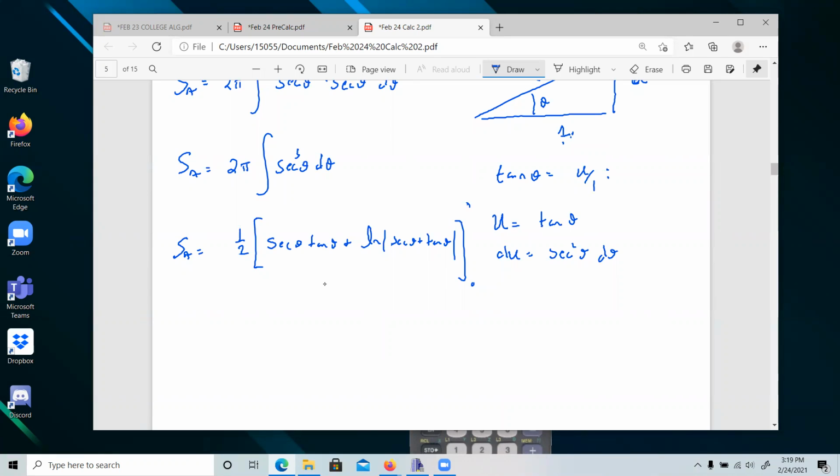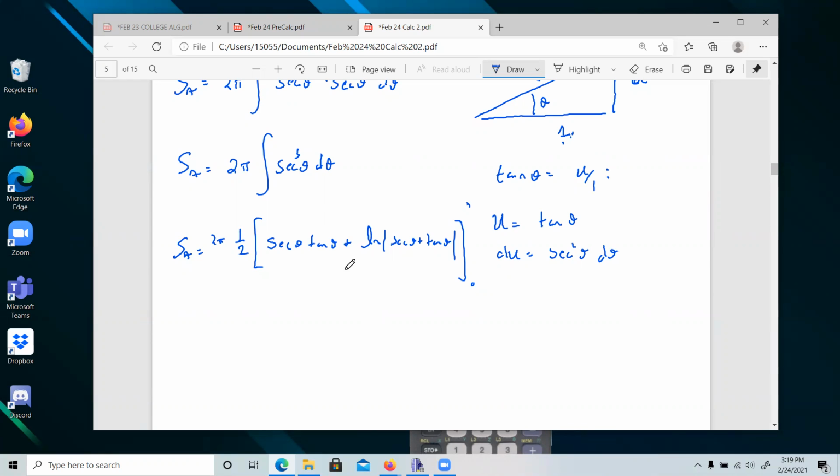Oops, we need a 2 pi up here. Just pointing out that secant cubed might be a thing you want to memorize how to do. Just giving a fair warning there.